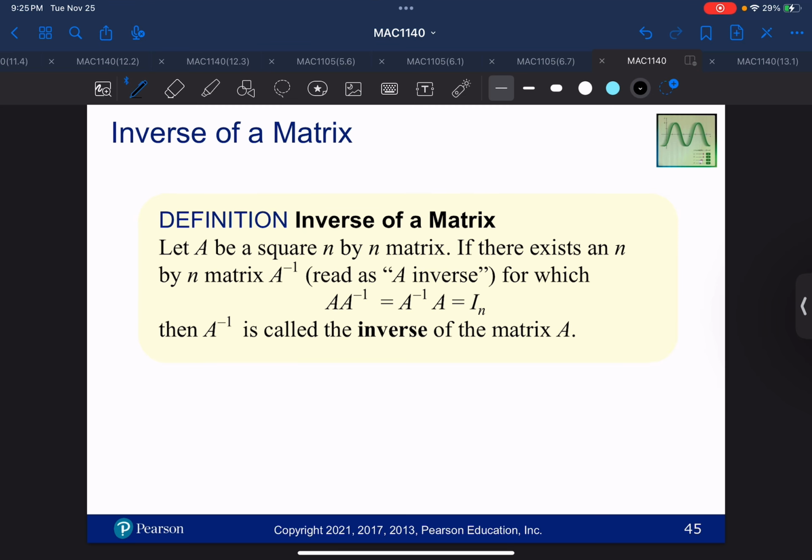If we have a square n by n matrix A, and there exists an n by n matrix denoted like this, which we read as A inverse, just like an inverse function, for which A times A inverse is equal to the n by n identity matrix, then this is called the inverse of the matrix A. So the inverse kind of undoes the matrix and gives back the identity.